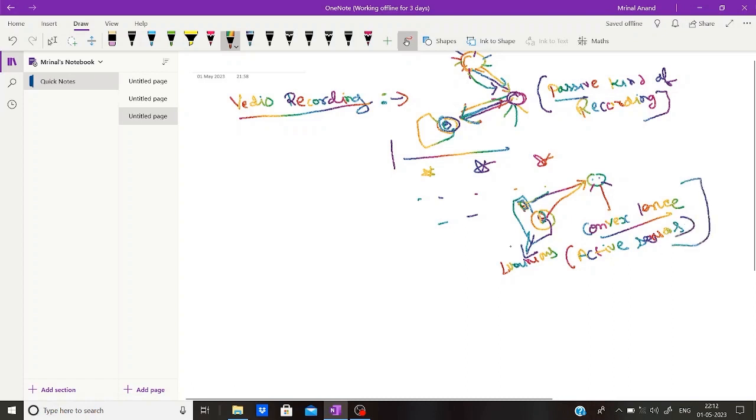So simply, video recording can also be a process of remote sensing. It is not like that only the satellite can analyze the data on the earth and take the pictures. Nowadays there are drone cameras. This drone camera is flying at some altitude, and here is the object.